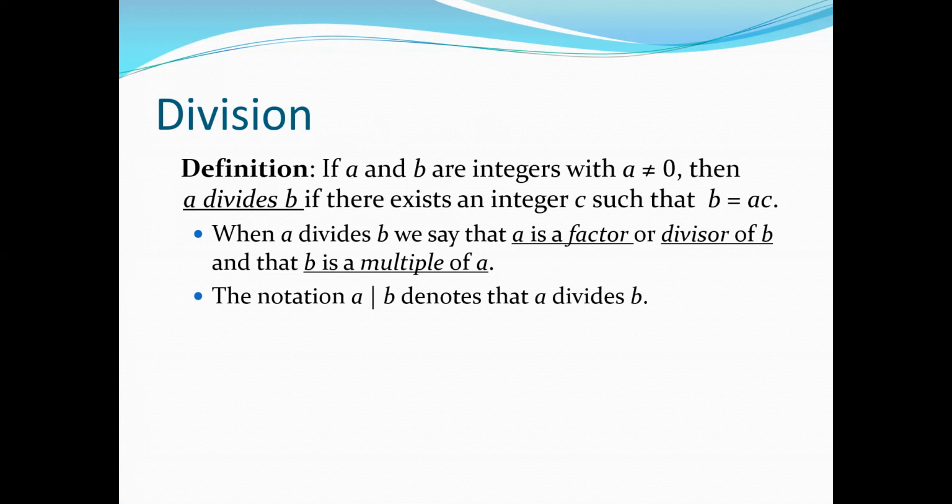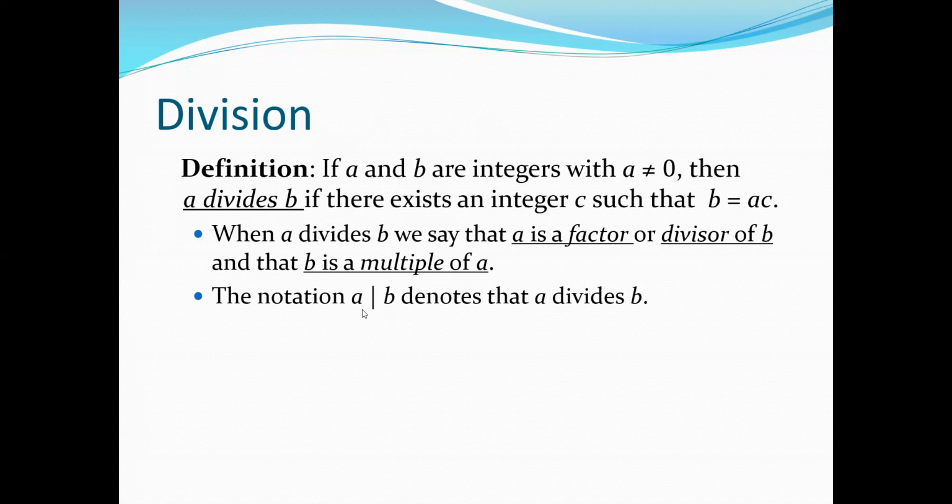The notation to define that a number divides another number is a pipe. Here a is your divisor and b is your dividend. So a divides b, meaning b is divisible by a.